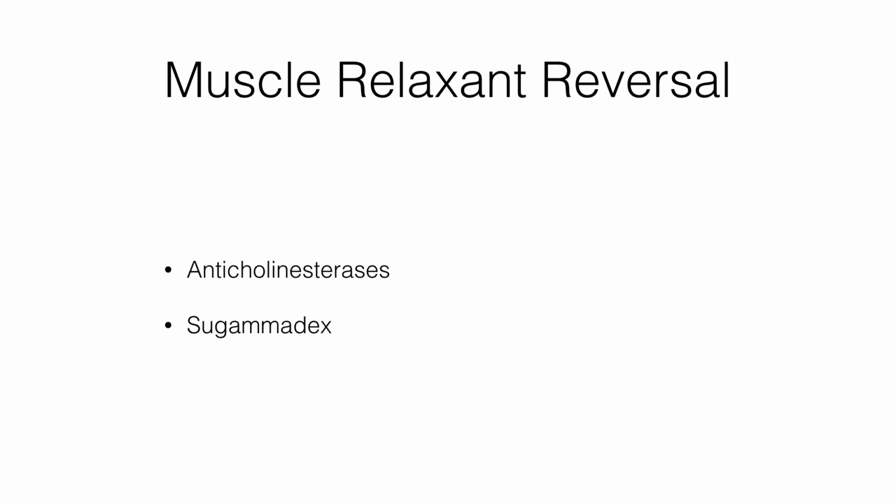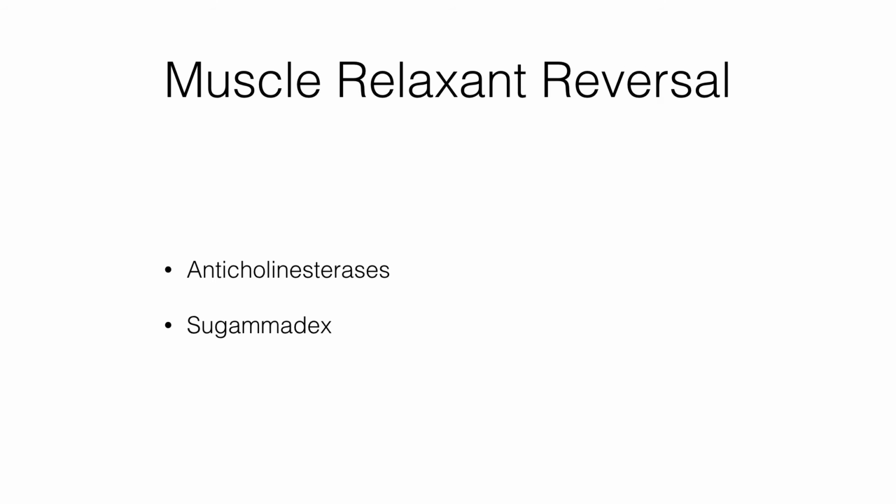So they're not useful in that setting where you've given the muscle relaxant, can't intubate the child, and you want to reverse things immediately. I have, however, mentioned them because I think I need to cover them for completeness, because when we talk about reversing muscle relaxants in that setting, this is what most people think we're talking about, and it's not.